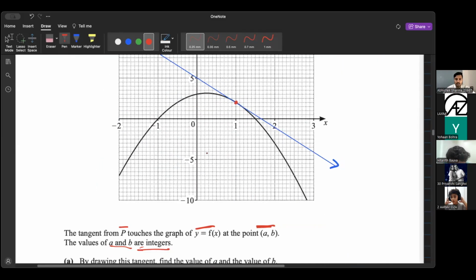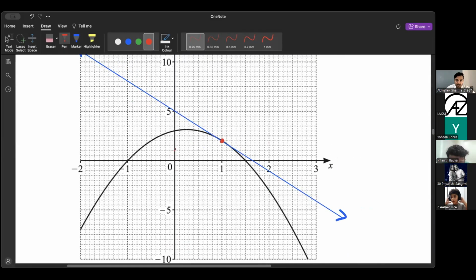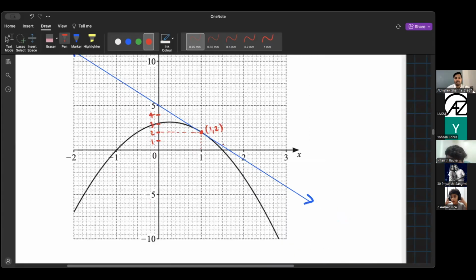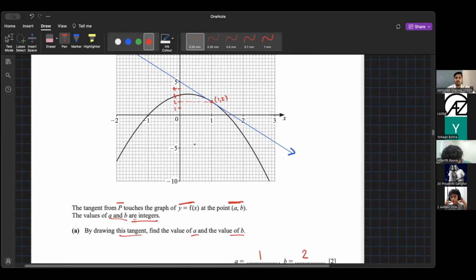Now we have to check the coordinates. If this is 0, this is 5. Can we say that this is 1, this is 2, this is 3, this is 4, and that is 5. So this coordinate is actually here, like this. So we can say this is 1 comma 2. So the value of A is 1 and B is 2. Is this clear?